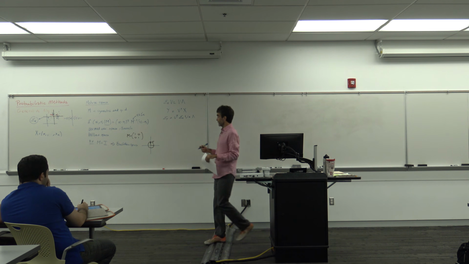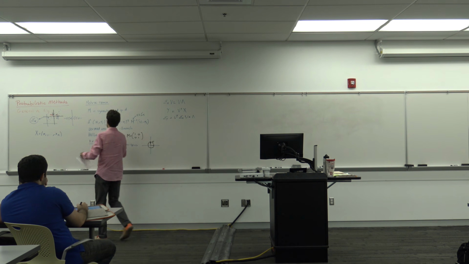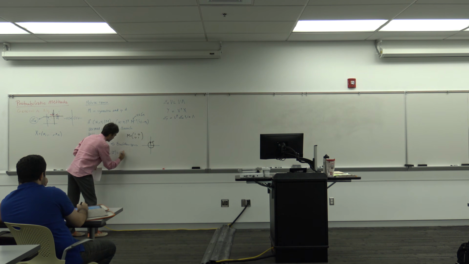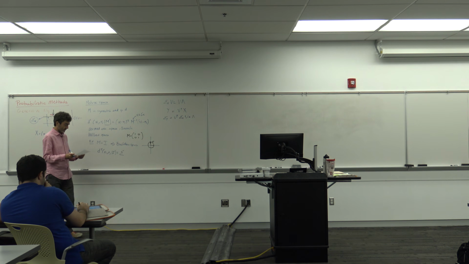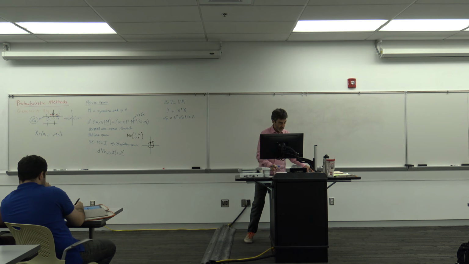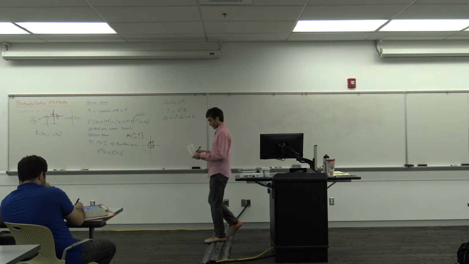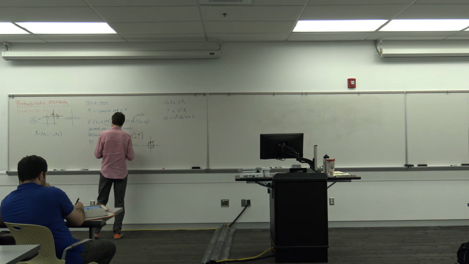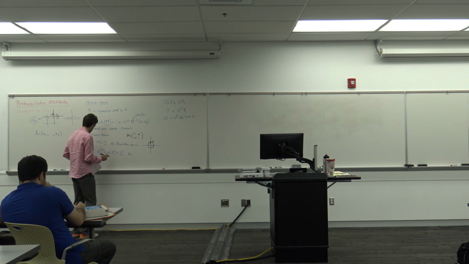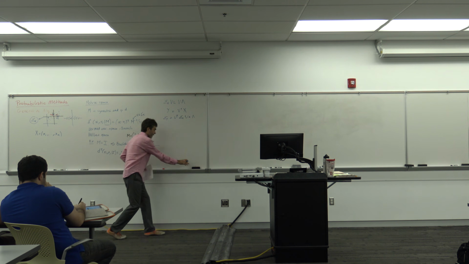Okay, so let's see what that means. In the Euclidean space, this distance here, the d square, meant that I sum over the different entries of my vectors, right?